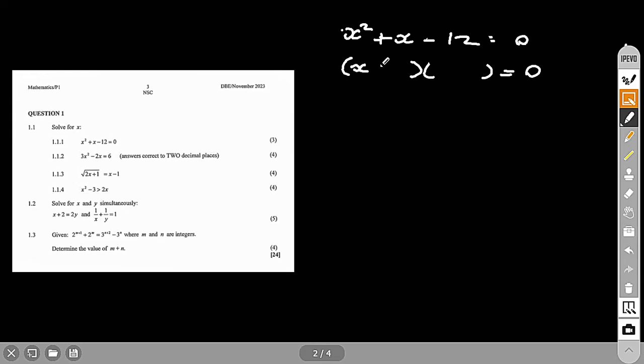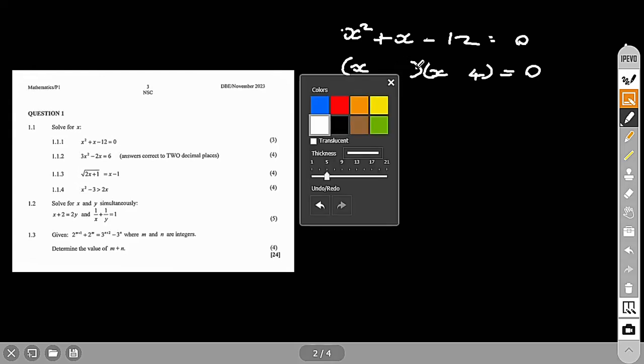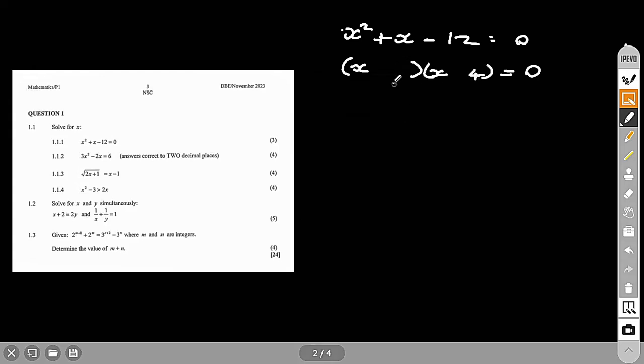So first write x, and then 4 and 3. Now the signs: it's negative 12, so one bracket must be negative, because if both are negative it's going to be a positive, and we have a negative 12.